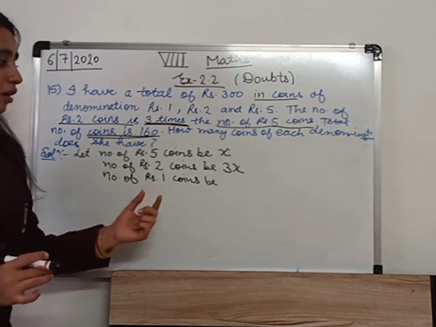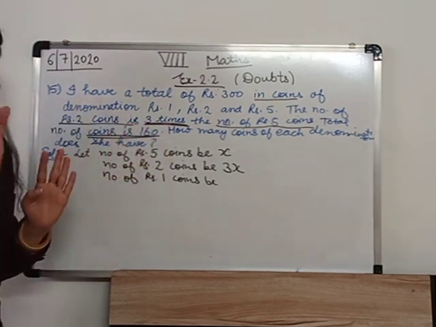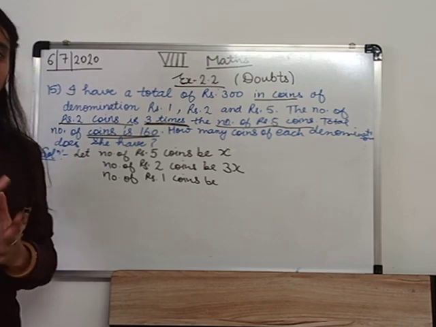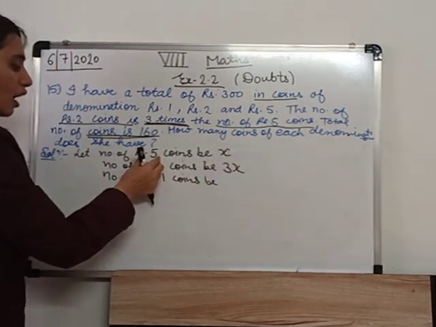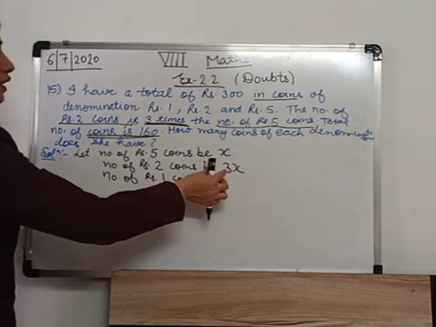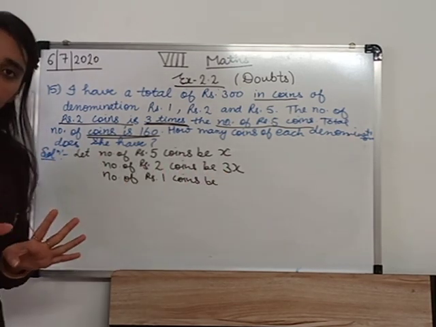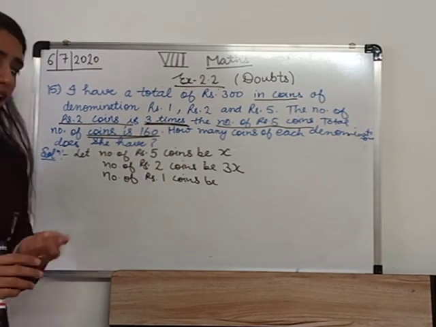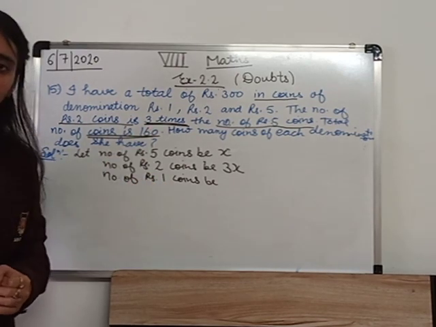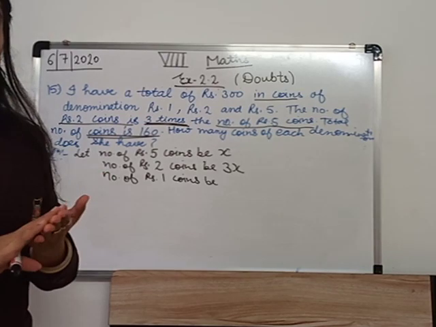Understood? Means total 160 coins we have. Out of 160, x coins are of rupees 5, 3x coins are of rupees 2 and remaining coins are of rupees 1. How can we find the remaining coins?